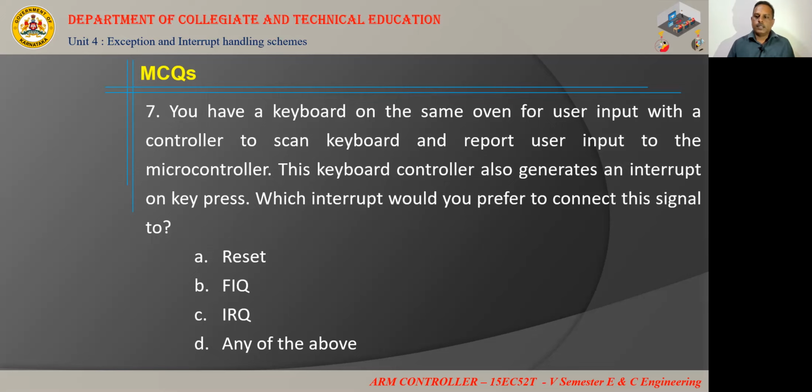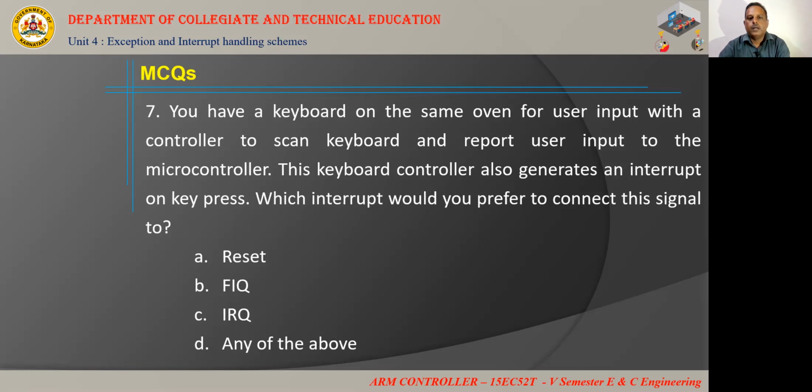See, in this case, a keyboard interrupt request or keyboard press is not that serious, and should not be handled with that severity. It won't cause that much harm if it is not handled in time. So it can be connected to the IRQ interrupt request. Even if we delay servicing that request, nothing serious will happen.